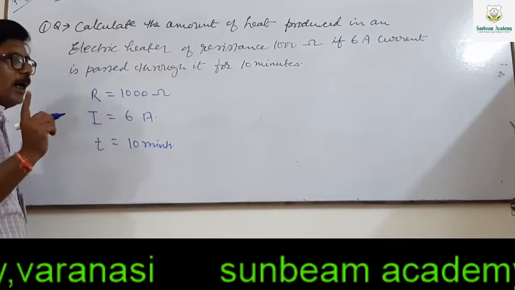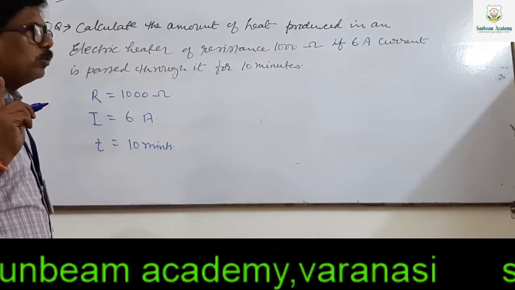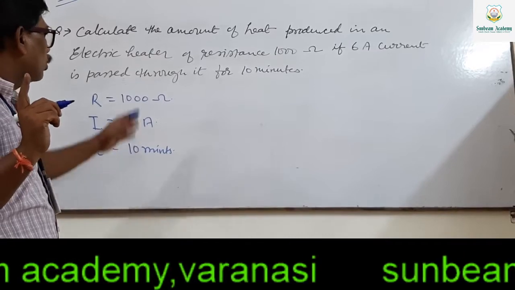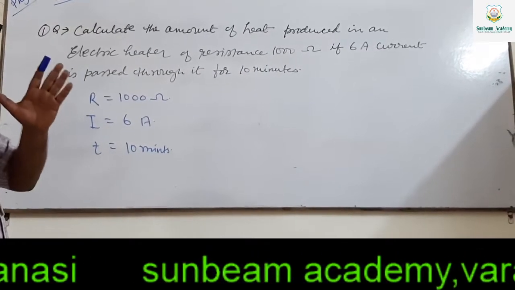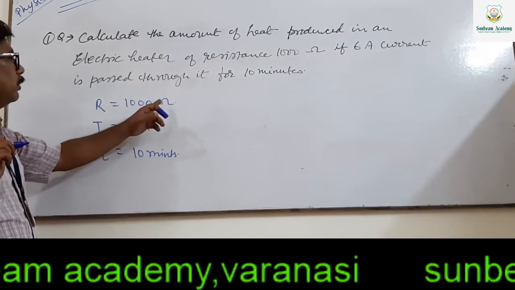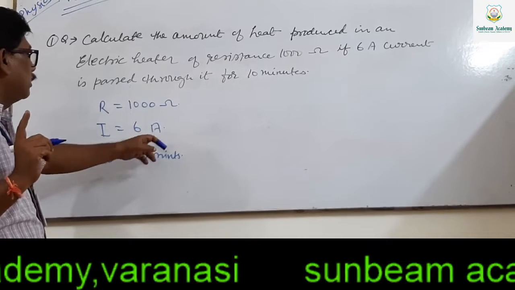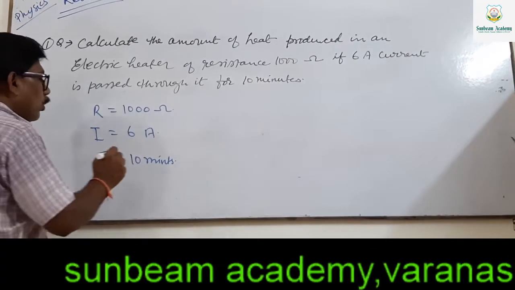I always told you that while solving a numerical, you should first go through the units of the physical quantities. They must be in SI units. Here, ohm is an SI unit, ampere is an SI unit. Now, the time is given in minutes. What you have to do?